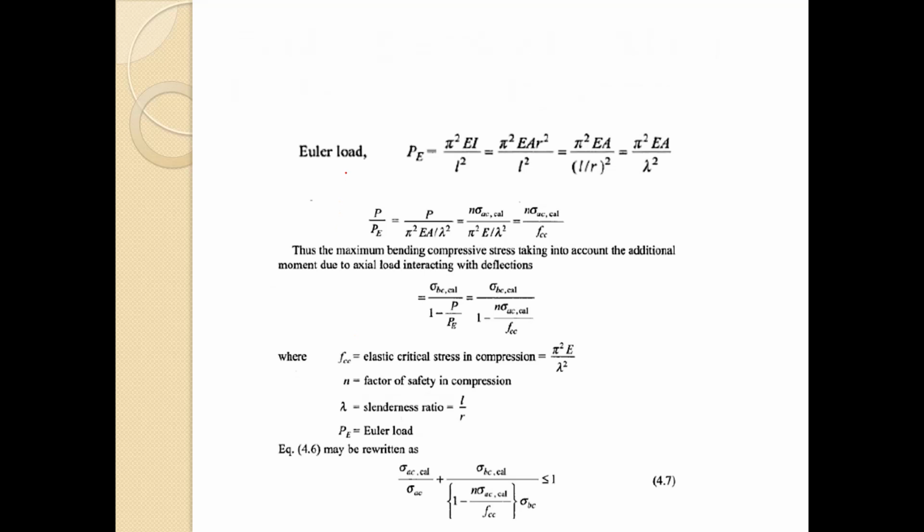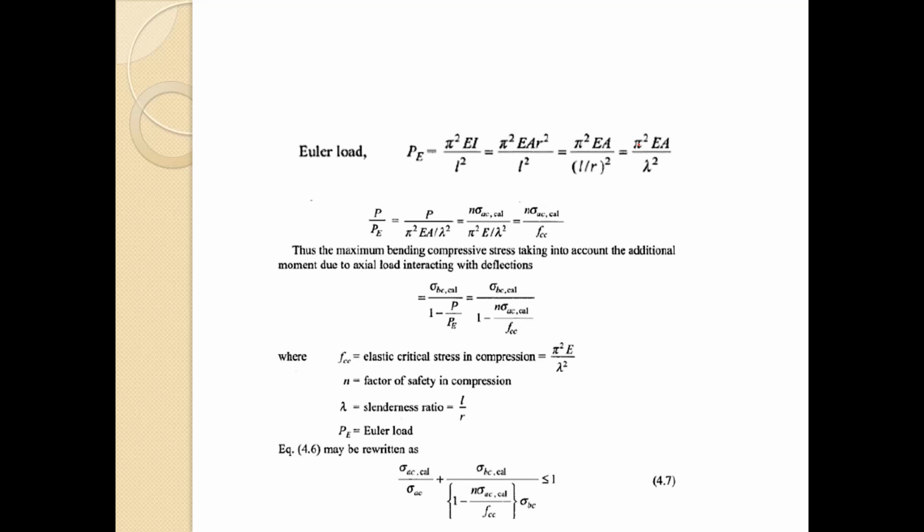Now we already know Euler's formula, that is Euler's load, P equals pi square EI divided by L square. We know I is nothing but A R square, that is area into square of the radius of gyration. So pi square E A R square divided by L square. That becomes pi square E A divided by (L by R) square.